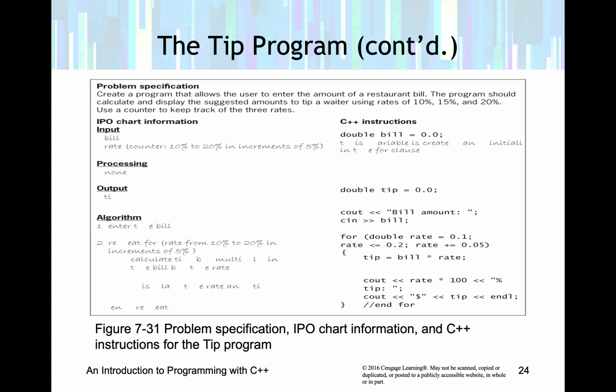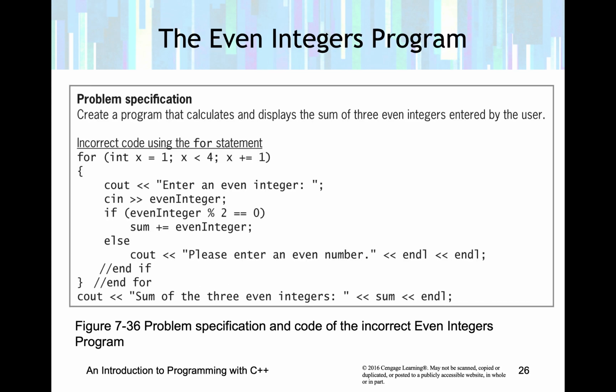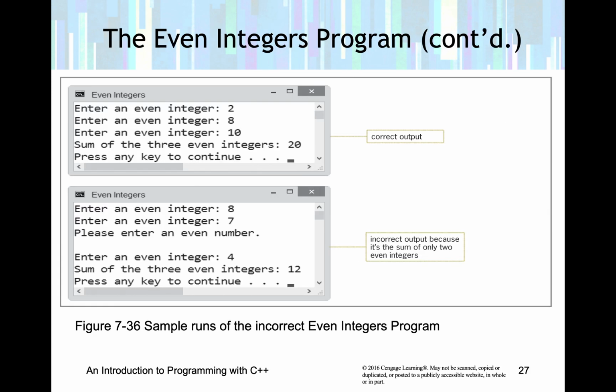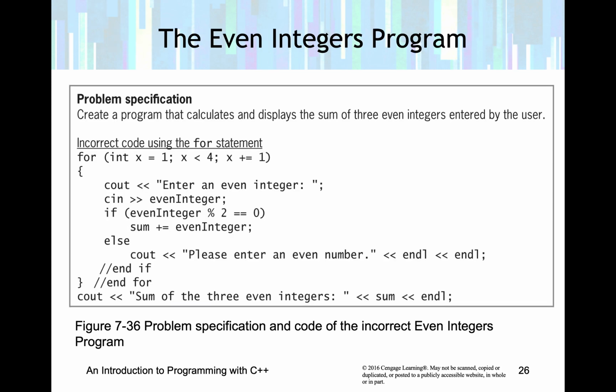This is just more examples of for statements that you can look at. Another example, this one calculates and displays the sum of 3 even integers. So here, I think they wanted you to see how to fix this particular program, which has an error, and they want you to see the incorrect and the correct code.